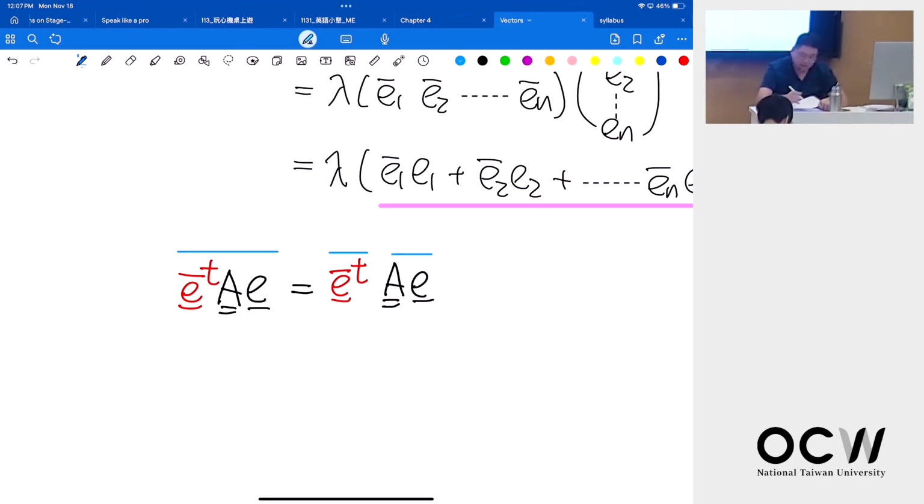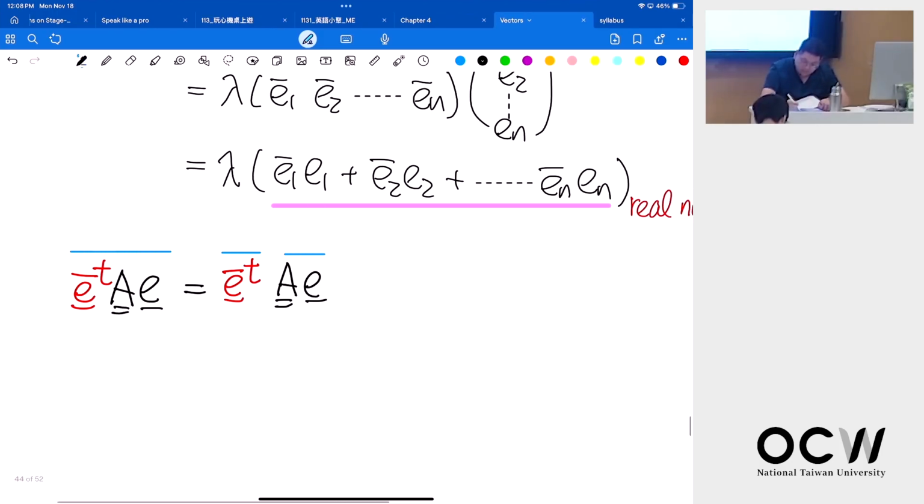So I have E conjugate transpose conjugate, A conjugate, and E conjugate.